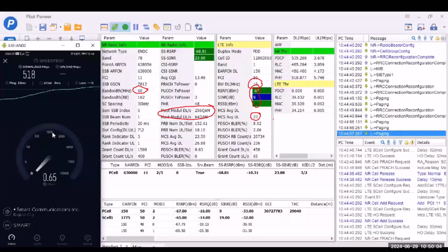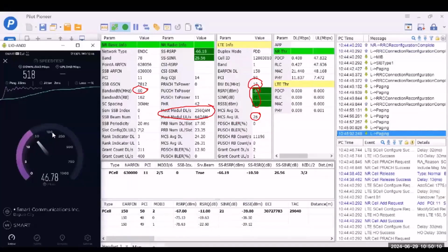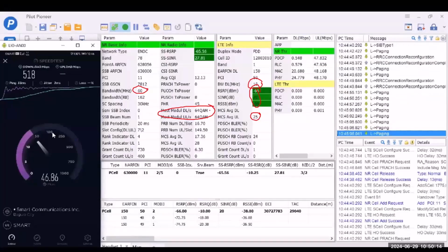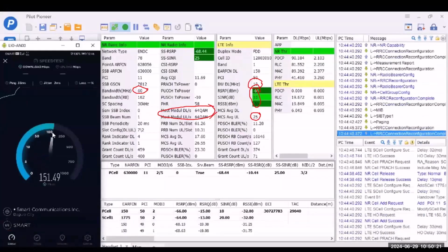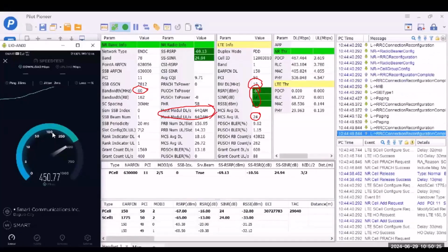So meaning, if you have this combination, most likely you will achieve the 1 gigabit per second. Provided that you will have MIMO, 4x4 MIMO, and higher order modulation, good signal level, and good quality of signal. And less subscribers. Okay.